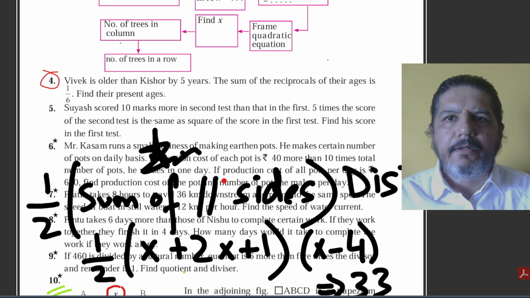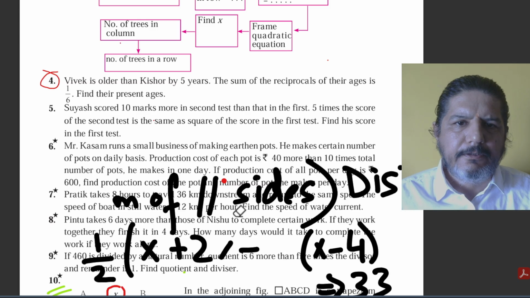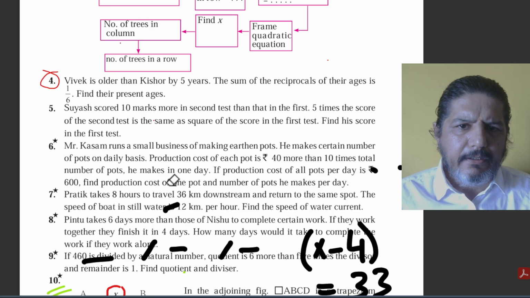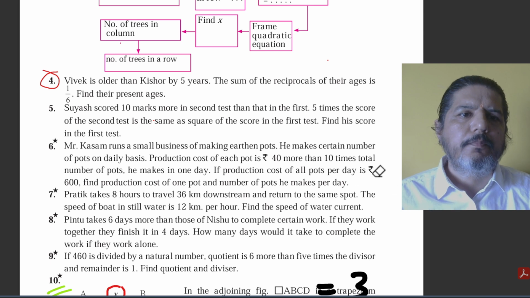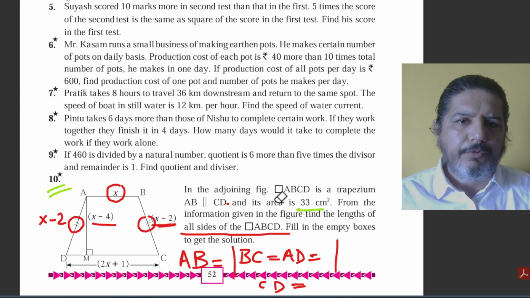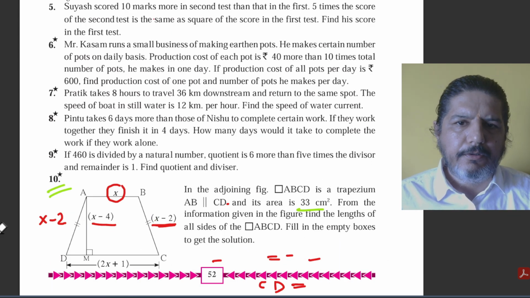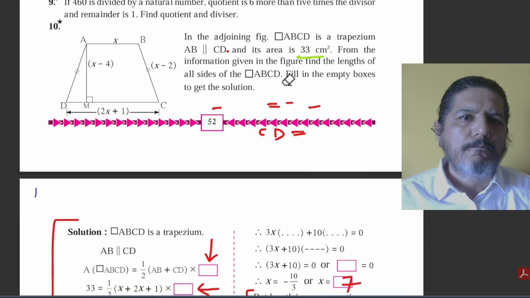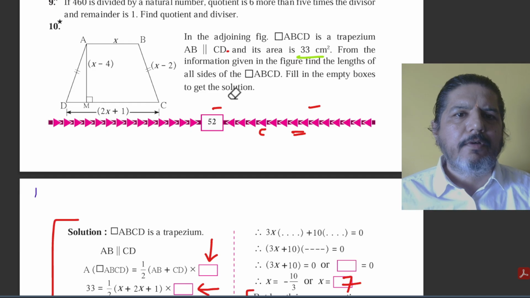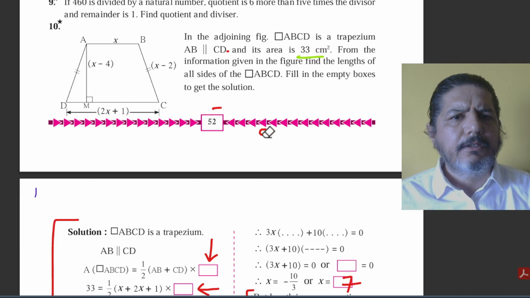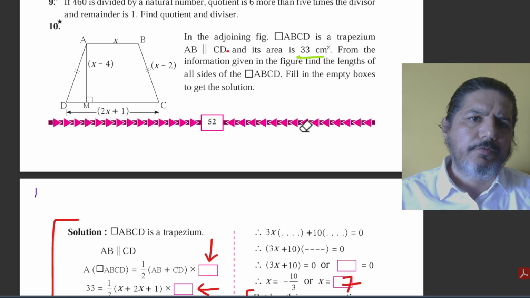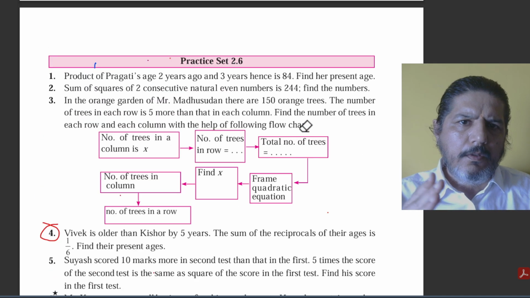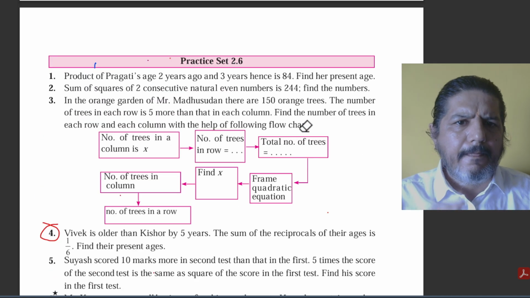We have completed exercise 2.6, and I find all the questions very interesting. Any of you who has done all the questions discussed in this lecture has really practiced well, because this encompasses a lot of interesting questions from word equations.